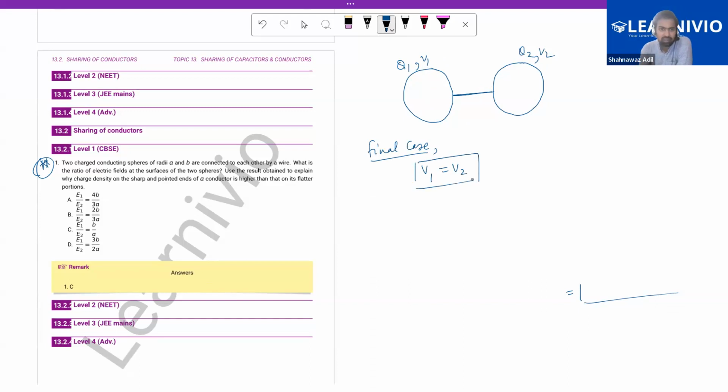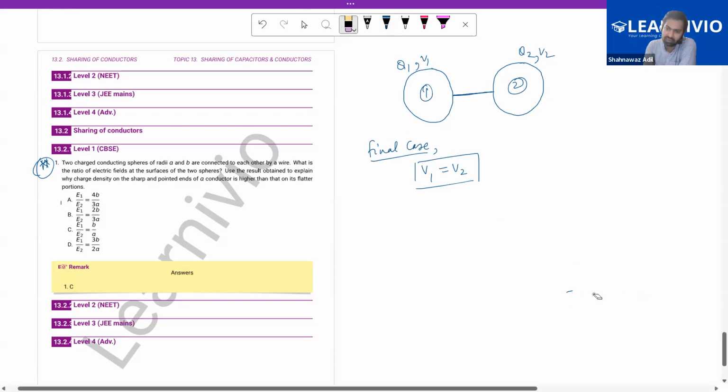Right? So now we have to find out the ratio of the electric field. Let's say this is 1 and this is 2. So this is a conductor, right? And do you remember what is the potential for a conductor at the surface?